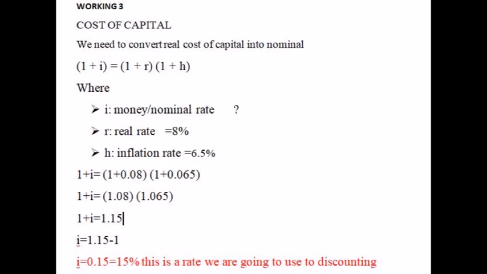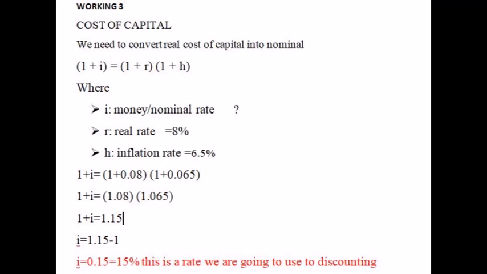As we have seen previously, the formula of inflation is 1 plus I equals 1 plus R times 1 plus H. I is the nominal rate, R is the real rate, H is the inflation rate, where R equals 8%, meaning the real rate is 8%, and H, the inflation rate, is 6.5%. So we use this formula. I have calculated and I get 15% to be used in discounting.